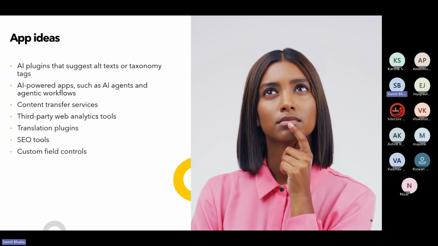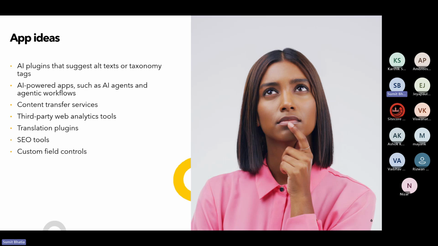You can go with creating AI tools that suggest image alt text or improve content. You can go with an AI powered assistant or workflow to automate tasks. You can create some kind of content transfer service between XM Cloud environments.